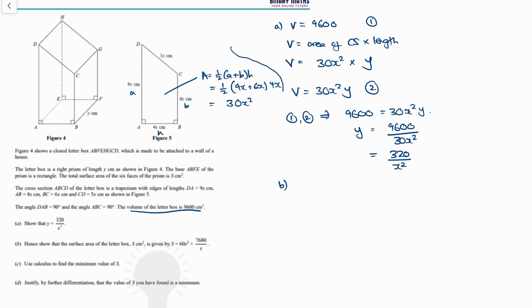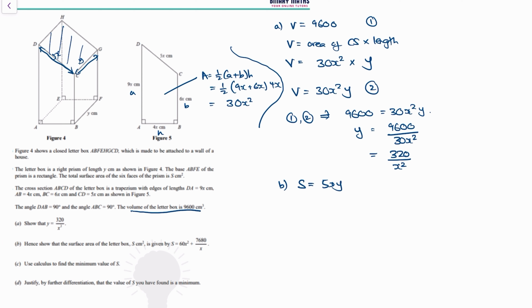Part B. Show that the surface area of the letterbox S is given by the expression. The surface area is the area of all the faces, so I need to work out all the faces. The top face is 5x times y, so 5xy.